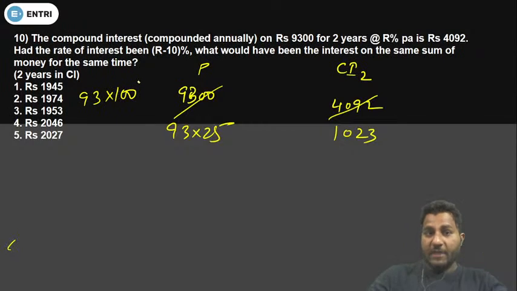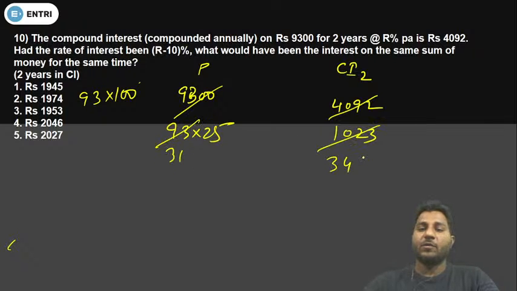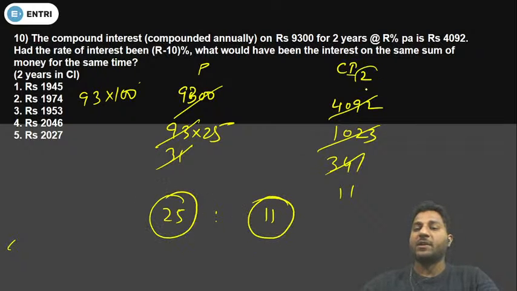Now if we simplify with 4, how can we solve this further? Now look at this, 31 and 3 3s are 4 and 1. Now the next one would be 11 times. So from 25 principal we have got 11 interest after 2 years at r%.